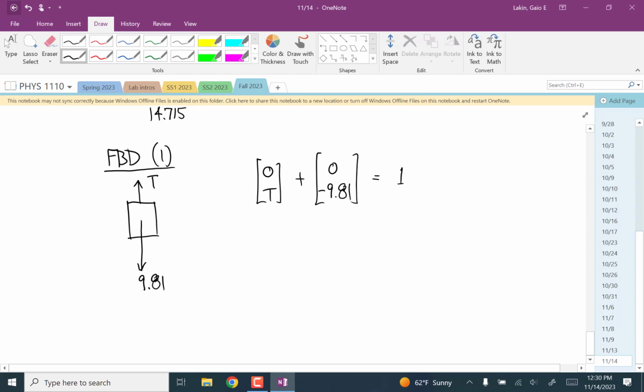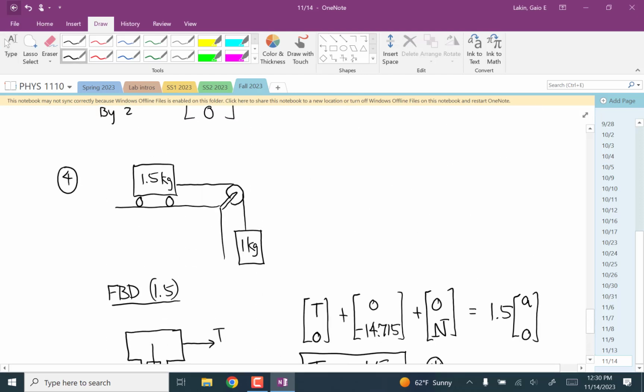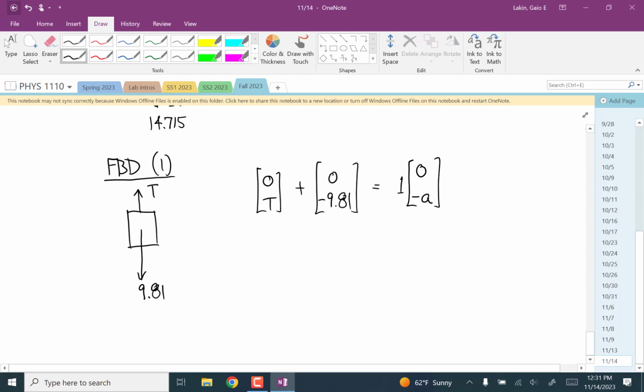And this is the part that's easiest to make mistakes on. But now what you have to think is, okay, our first body, if that moves in its positive direction, so that would be in the positive x direction, where does the hanging mass go? Negative y. So I'm going to write this as <0, -a>. And so then the useful equation here says T minus 9.81 is equal to negative a.